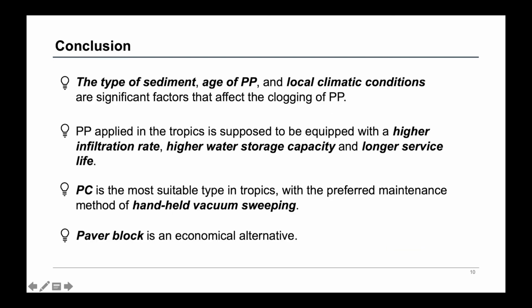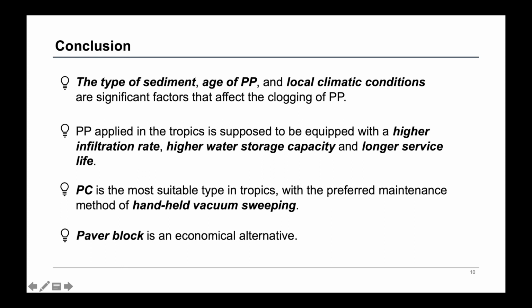In conclusion, in this project, we summarized multiple studies to evaluate which method is best for the maintenance of permeable pavements in the tropics. Results show that the type of sediment, age of permeable pavement, and local climatic conditions can affect the clogging, and the permeable pavements applied in the tropics are supposed to have a higher infiltration rate, higher water storage capacity, and longer service life to better address the severe flooding problems.